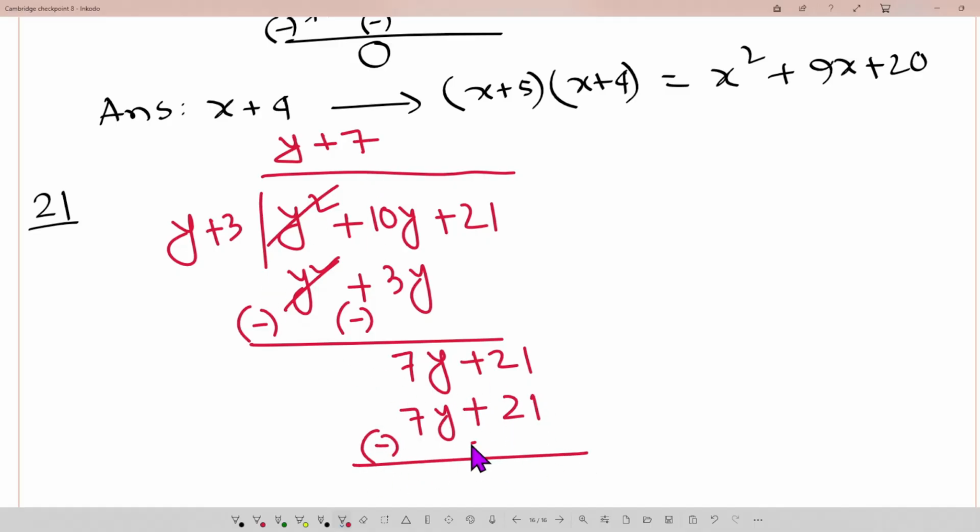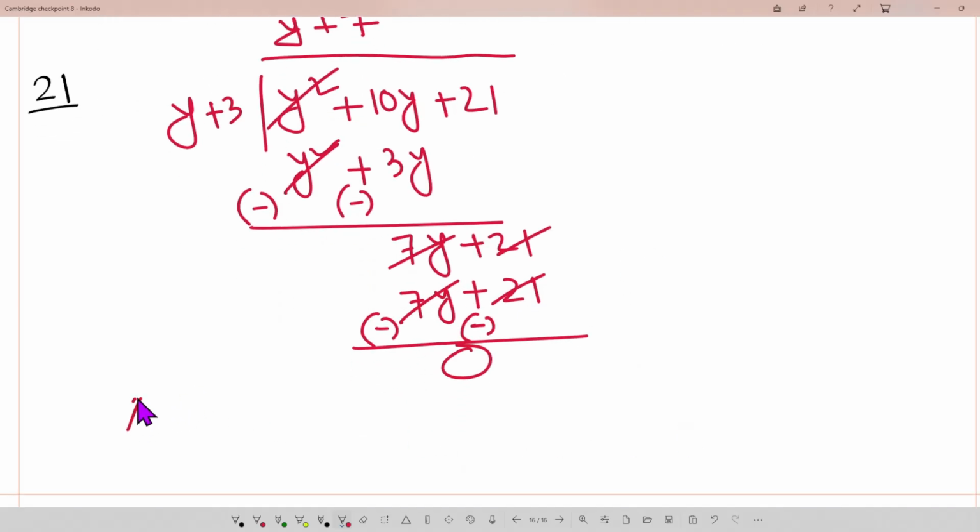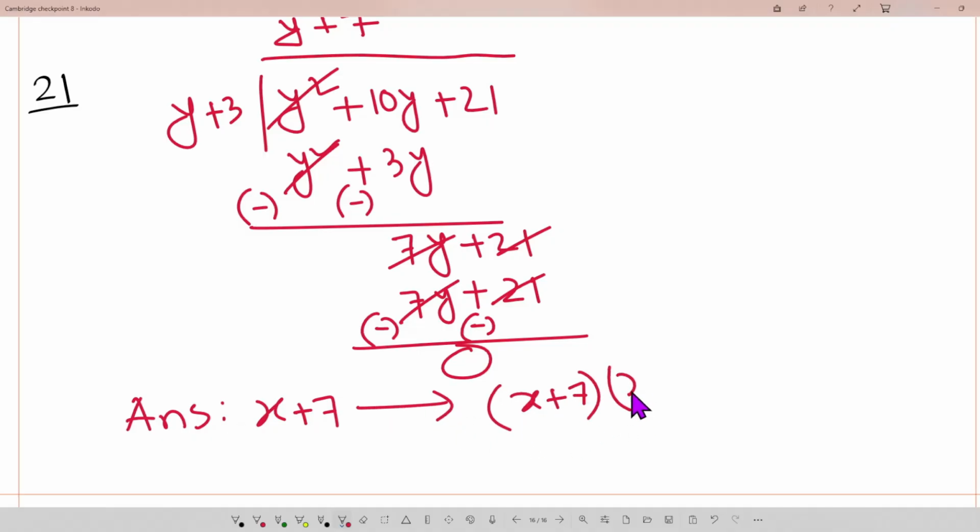So here is minus, this one out. Result is 0. So answer y plus 7, and also y plus 7 times y plus 3, it will become what? It will become y square plus 10y plus 21.